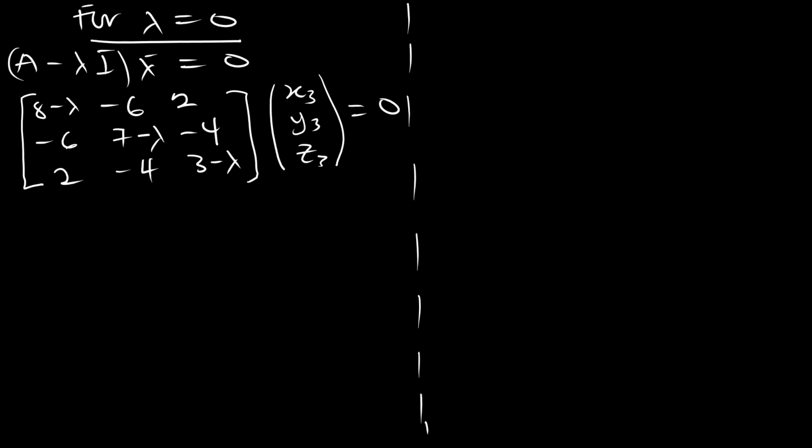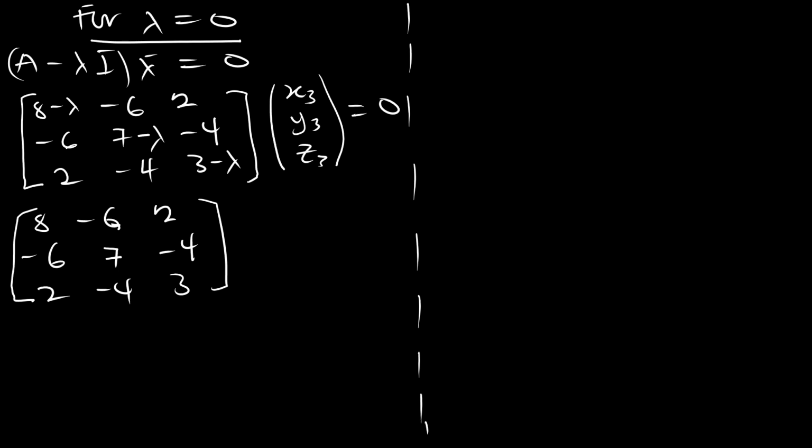Now, if I put in the value of lambda equal to 0, I'm going to get the matrix 8, negative 6, 2, and negative 6, 7, negative 4, 2, negative 4, and 3, multiplying x3, y3, and z3 equal to 0. Let me start with the elimination.